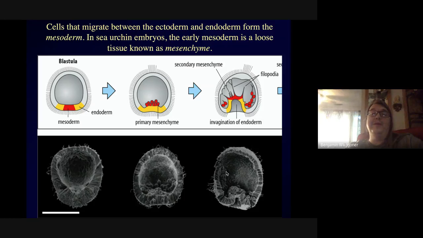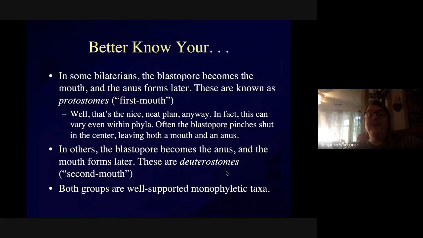So there you can see there's a blastula, that hollow ball of cells on the left, and on the right, you can see there's that dent forming. The endoderm is forming the embryonic gut, and then those cells that are kind of wandering around on the loose become the mesoderm.